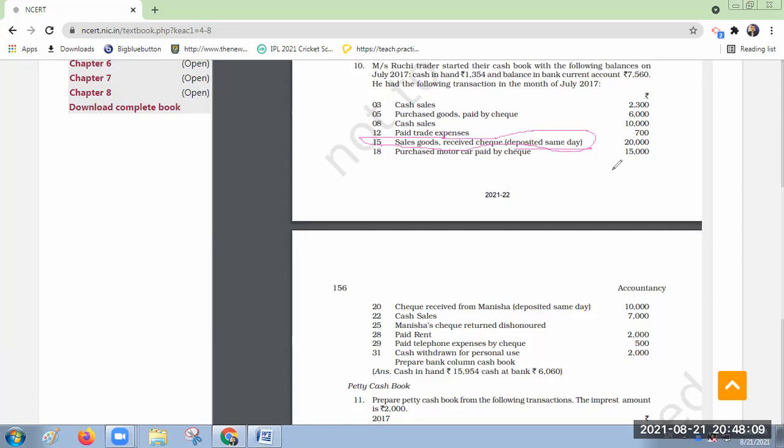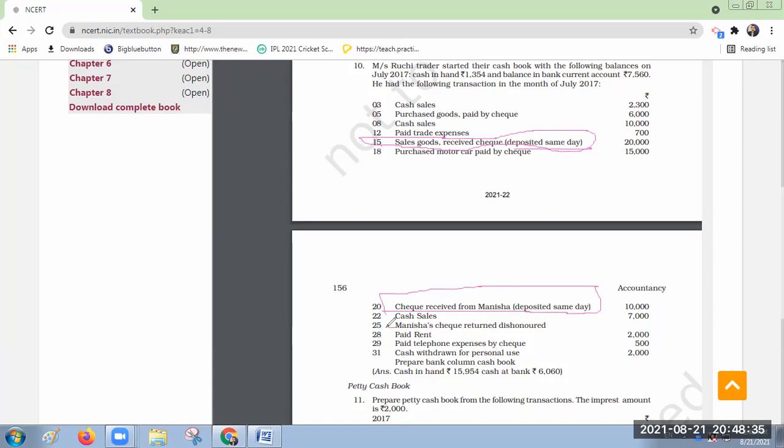Same day you deposited, no? Yes, sir. So it will not be a contra entry. Okay. The 20th date. Is it a contra entry? No, sir. Okay, very good. Fine.